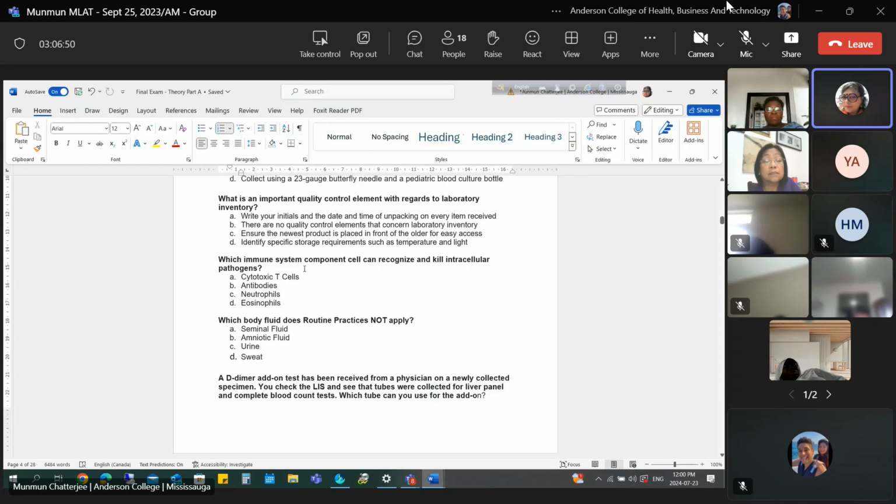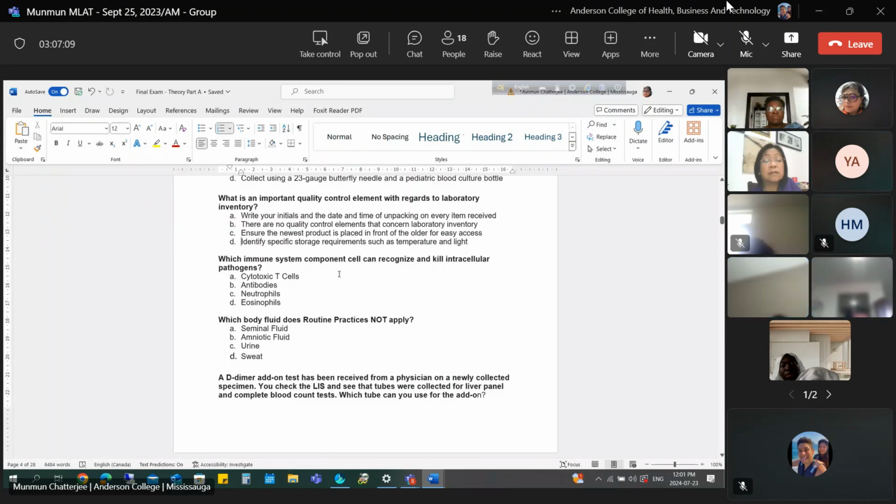Tell me which is going to be the answer. The newest placed in the back and the old one in front, C. No, it's wrong for C because it says the newest product is placed in front. The newest should be placed in the back and the old in front. It would be letter A.